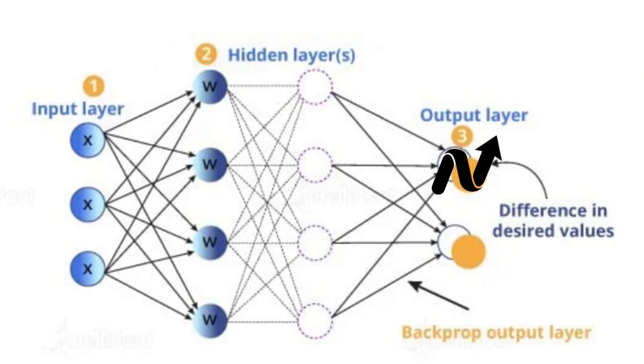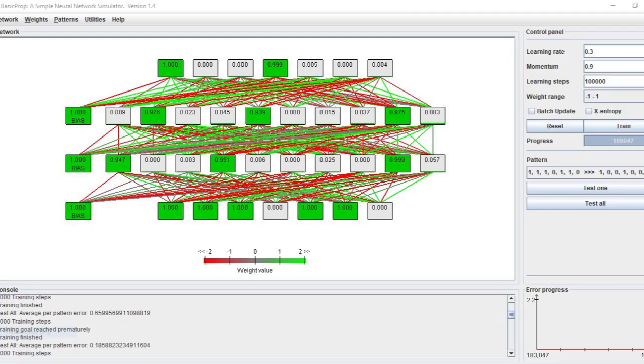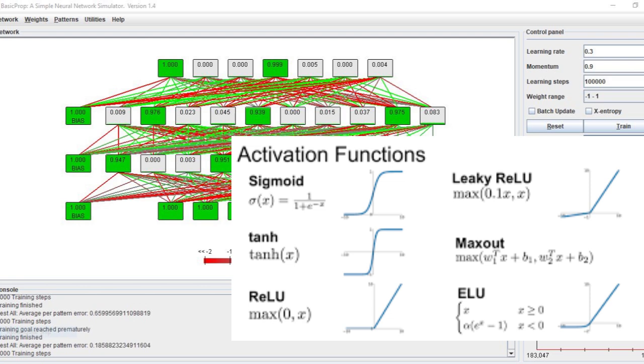So these are the 3 layers. The network neurons are all linked to those in the layers above them. Then we have activation functions applied to the neurons in the hidden layer, which enable the network to learn non-linear correlations between inputs and outputs.